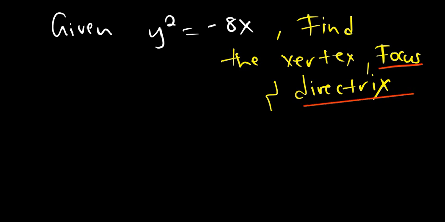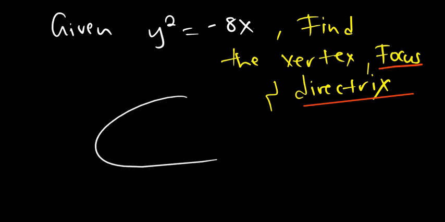Now first of all, when you look at this question, the first question you need to ask yourself is, is this going to be like this or like this? Now y squared, an equation with y squared, it means it's facing in the what? In the x direction. So this should be something like this or like this.